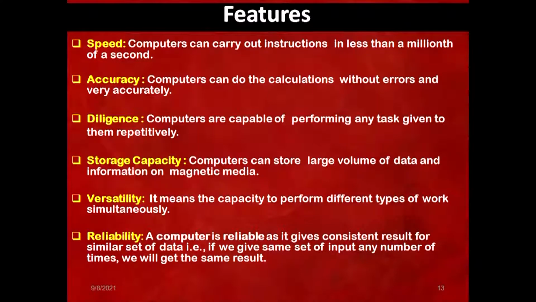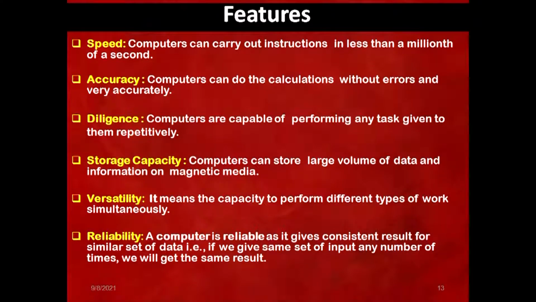Now let us discuss various features of computer. There are many features available for a computer like speed, accuracy, diligence, storage capacity, versatility and reliability. Let us first discuss speed. The remaining features we will discuss one by one.